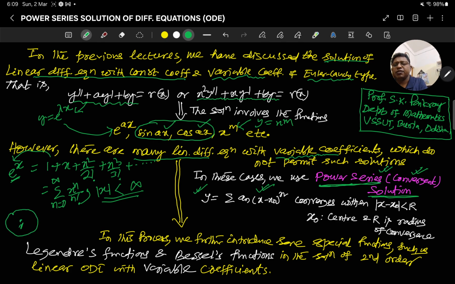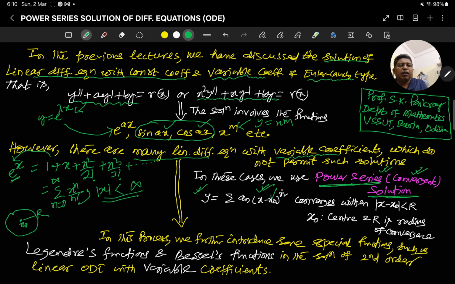The center is at x0, because I write this as the center. And the radius here is, say, r.